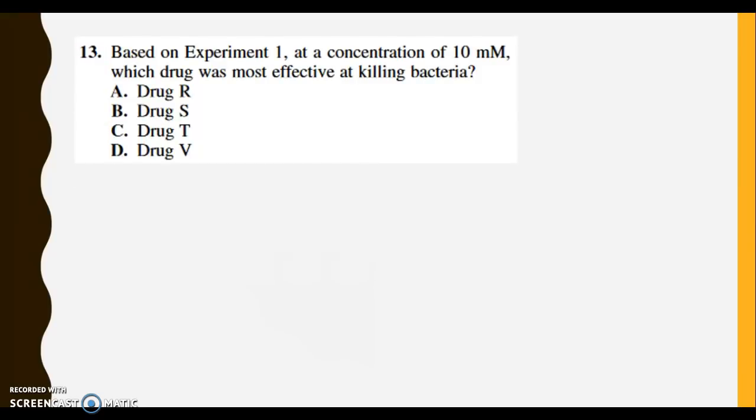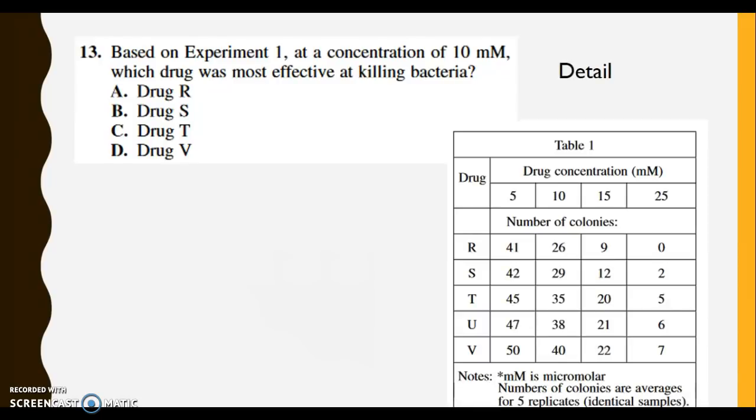Okay, now on to the questions. Based on experiment 1, at the concentration of 10 millimolar, which drug was most effective at killing bacteria? This is a detail question, so I'm going to come back to my table from experiment 1. Now remember, in the passage it said that our control, which had no drugs, had 50 colonies at the end of 7 days.